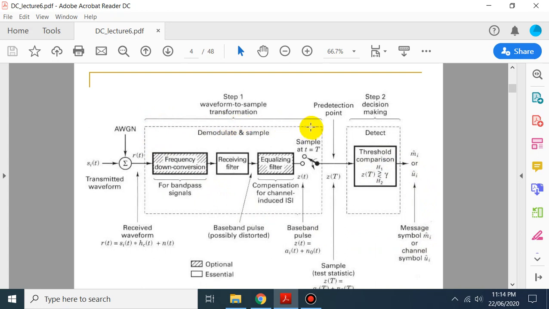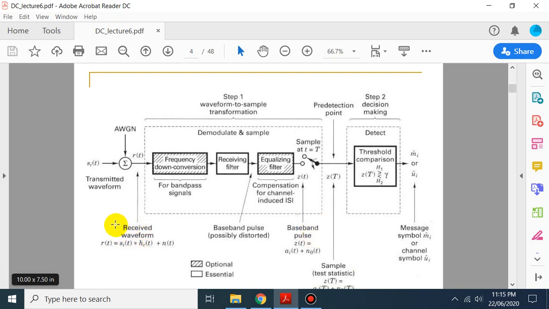Now these three blocks, frequency down conversion, receiving filter, and equalizing filter, are for the waveform to sample transformation, where we make the signal at nT, the sampled signal. The frequency down conversion is for band pass signals, and the receiving filter will create a baseband pulse, a_i(t) plus n_0(t), which we call z(t).